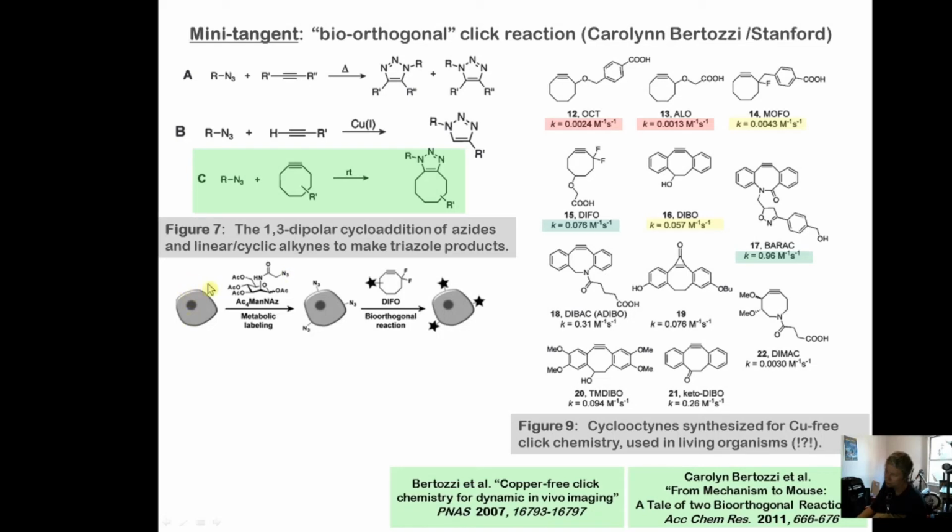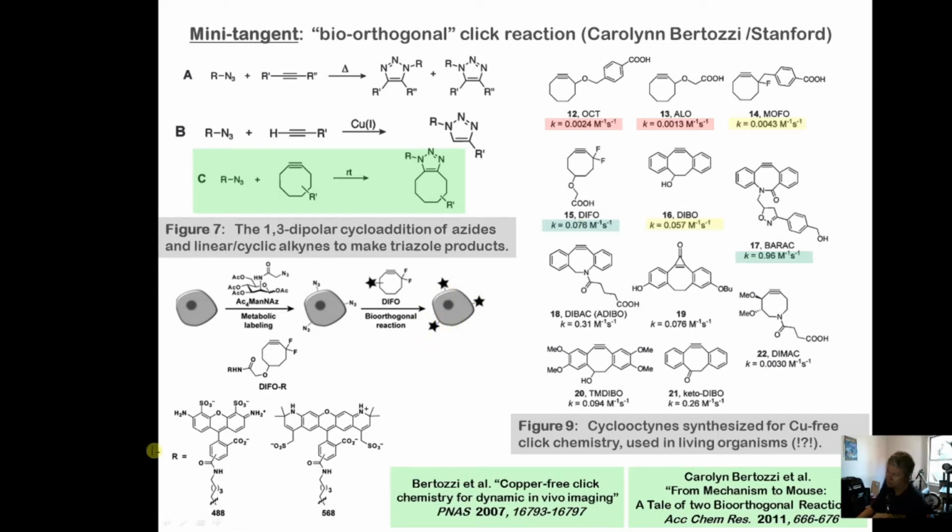So you can grow the cell with this azide-labeled sugar, and sugars often are used on the surface of the cell for signaling processes. Now we have a cell with azides on it, and then the idea is we could use the DIFO maybe with a fluorescent label on it, and now we can label cells with maybe different color dyes, and maybe at different stages of a cellular development or something.